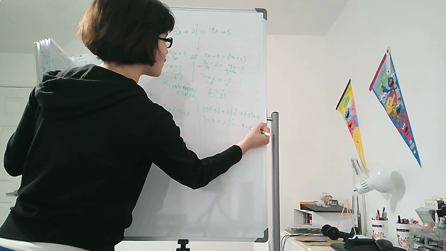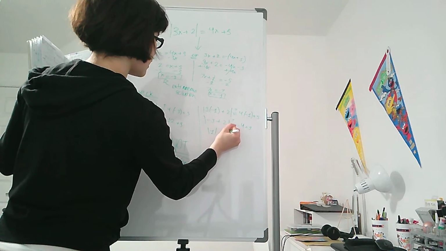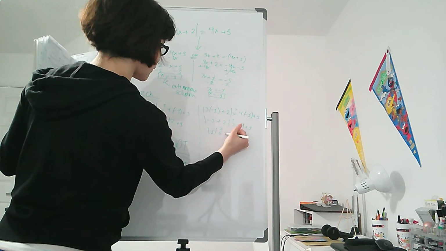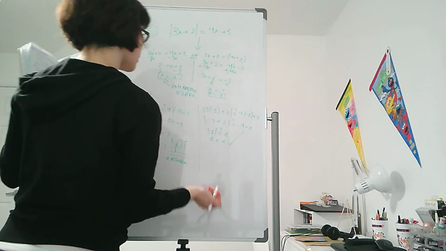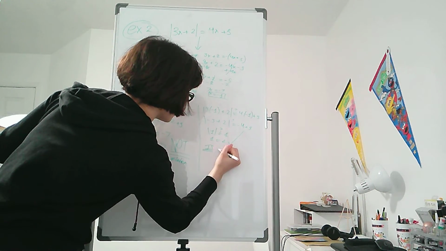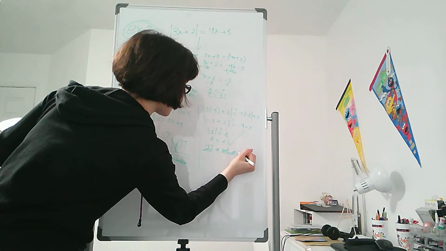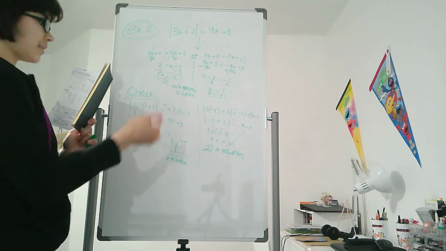Negative 4 plus 5. Negative 3 plus 2 is 1, equals negative 4 plus 5 is 1. The absolute value of 1 is 1. So this checks out. So this is a solution. Okay? So this is our solution. This is not. Okay?